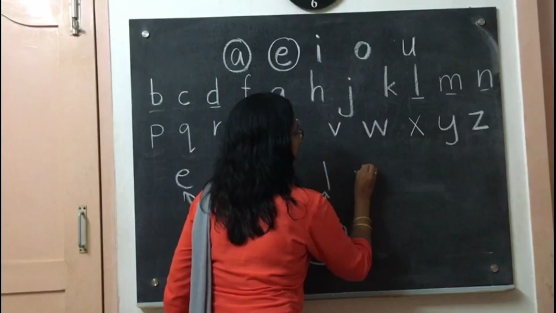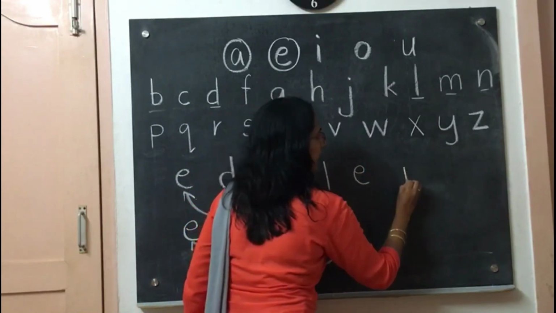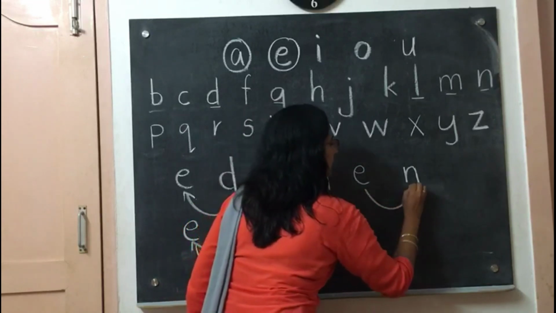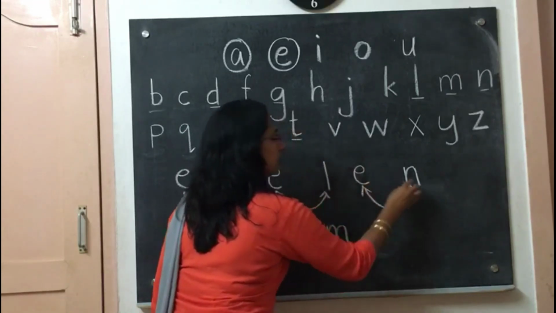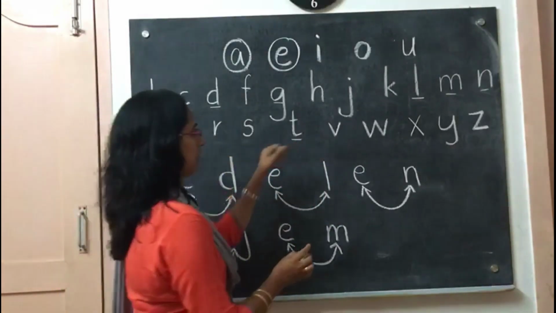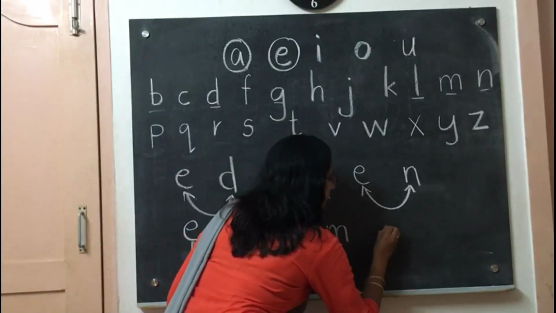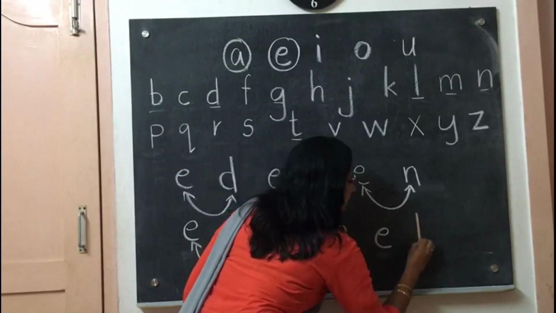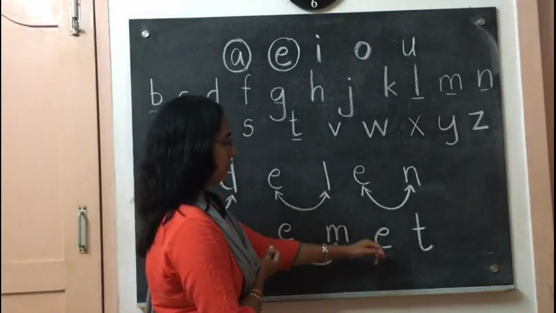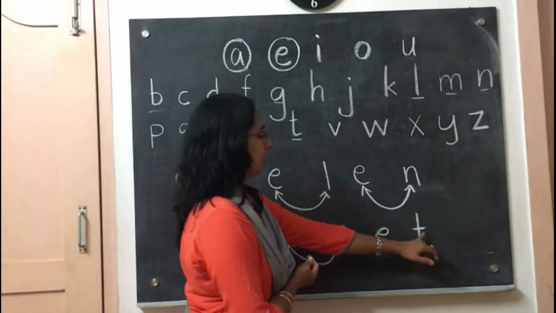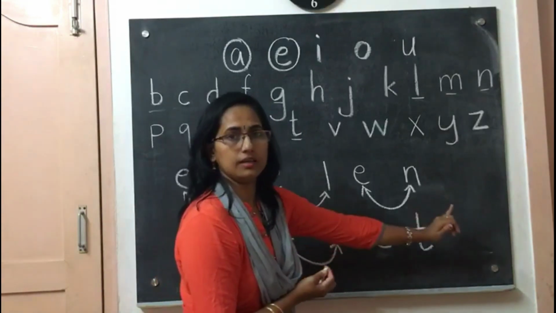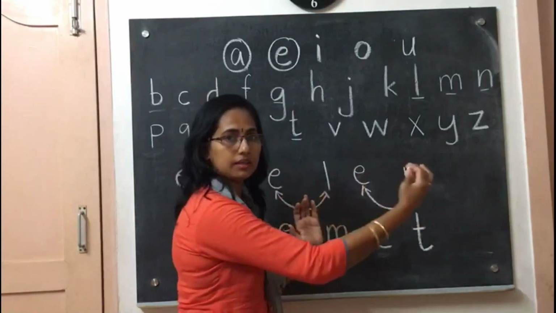Then join E with N, letter N, sound of N. En. Okay, then again one more letter I'll join, vowel E with consonant T, the sound of E, consonant T. Et. Fast. Et.